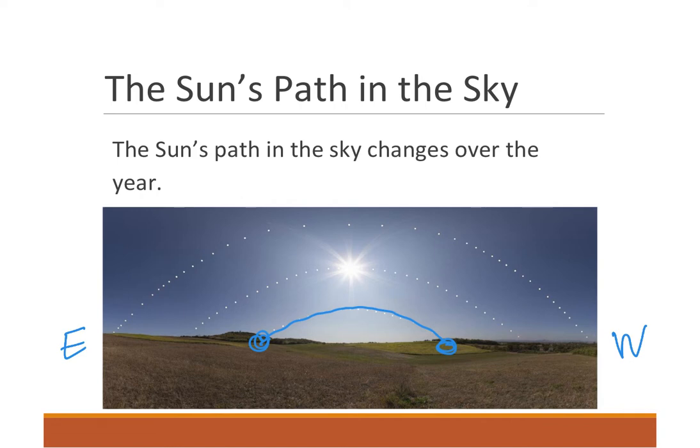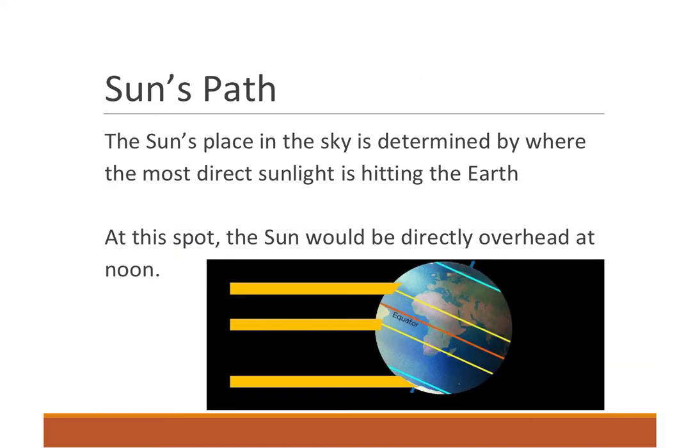And then in the summer, we'll rise over here in the east and take a much higher and longer path across the sky until it's time to set in the west, which again contributes to those higher temperatures and longer daylight hours.